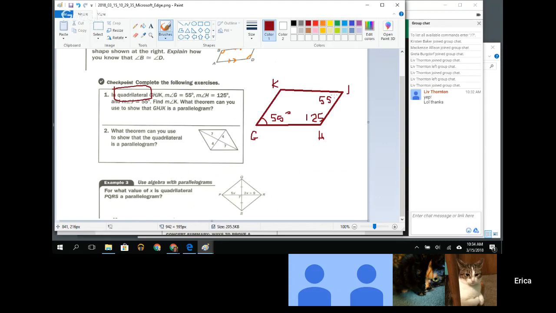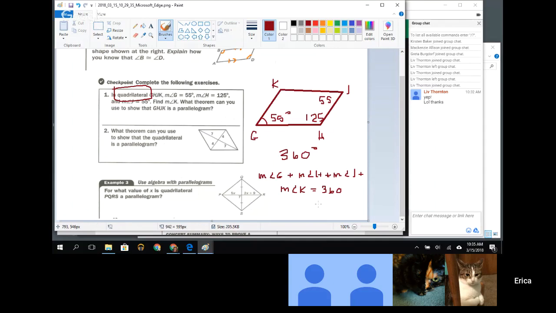But we do know that all of the angles in a quadrilateral always add up to 360 degrees. So the measure of angle G plus the measure of angle H, plus the measure of angle J, plus the measure of angle K, have to equal 360 degrees.